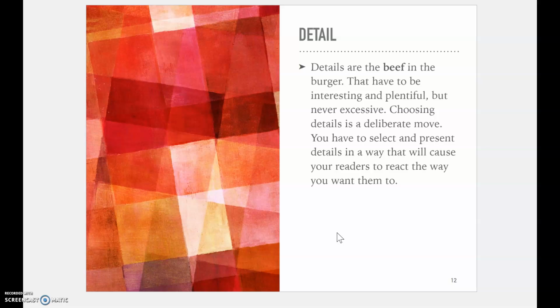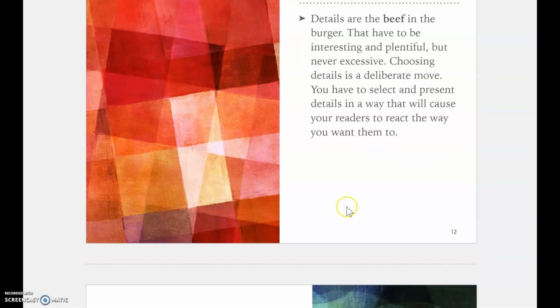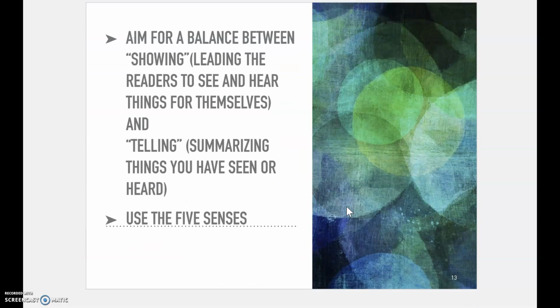We talked in our journal entries about selecting and presenting the very best of the details that are specifically chosen to cause the readers to react the way that you want them to. We talked about balancing that showing and telling. Telling is just summarizing, but showing is leading them to see things and hear things and visualize things for themselves.